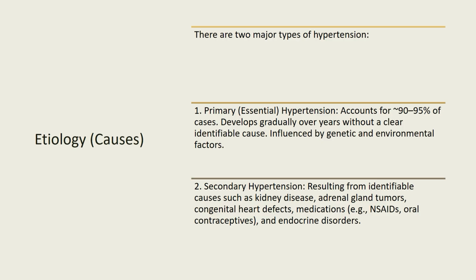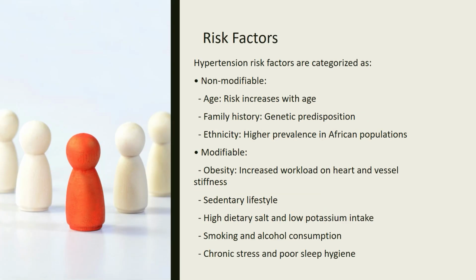Secondary hypertension results from identifiable causes such as kidney disease, adrenal gland tumors, congenital heart defects, medications, for example NSAIDs, oral contraceptives, and endocrine disorders.